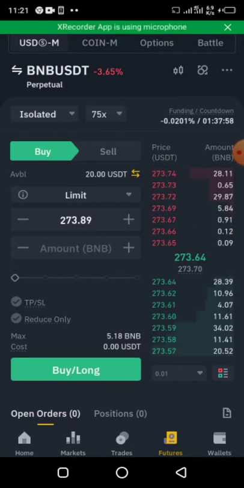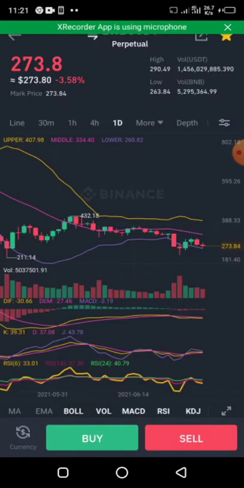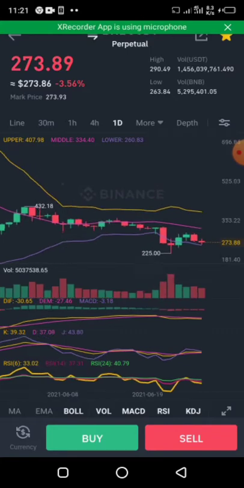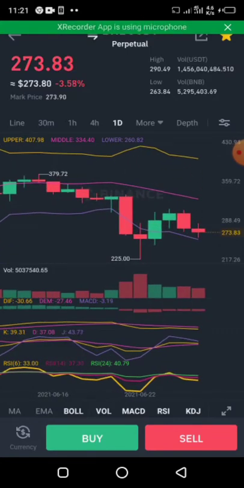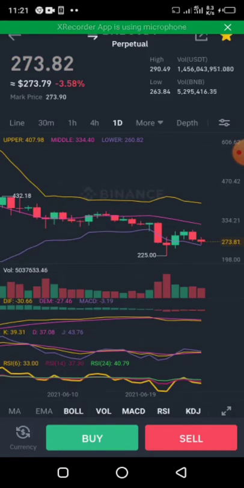If you click on the two bars, it will show something like this. All these red and green are candlesticks. Red means bearish candlestick and green means bullish candlestick. You can see that this is the 1 day time frame.